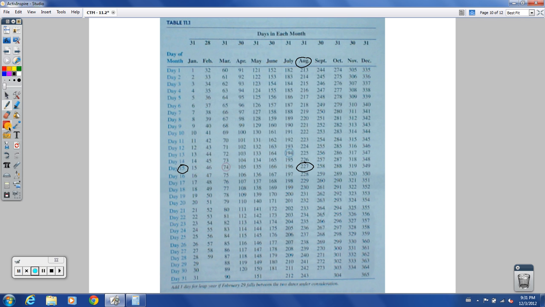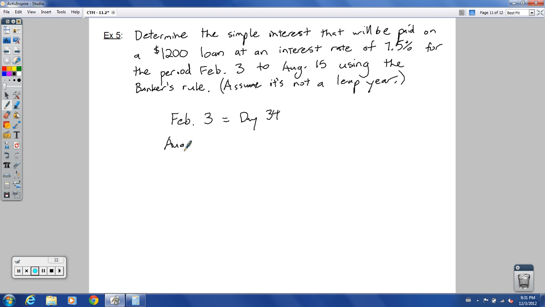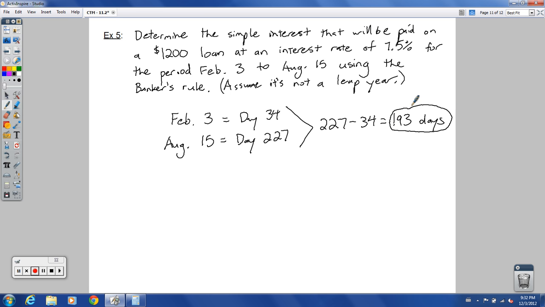So day 227 for August 15. If we take these two values and subtract the smaller from the larger, that will give me the difference in days between those two dates. So this is 193 days. That's pretty important to answer this question.